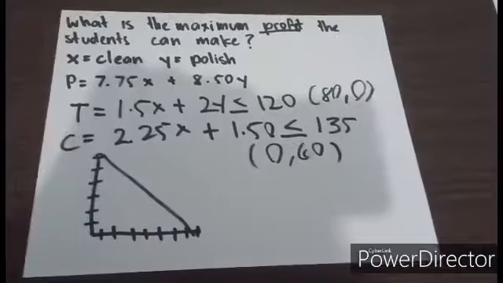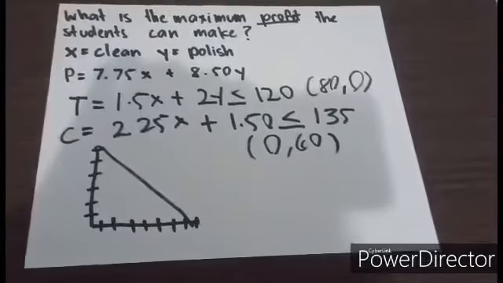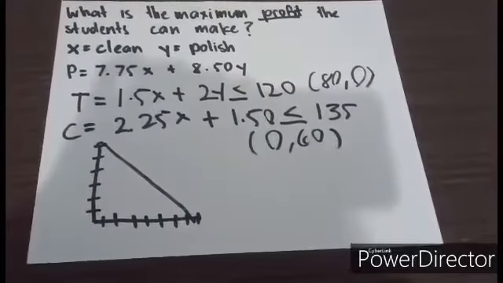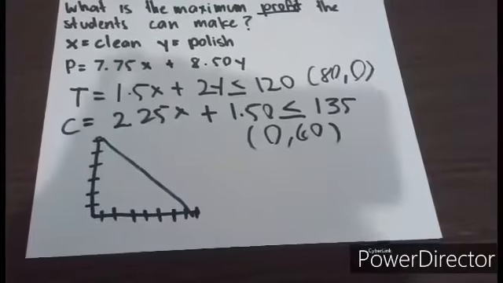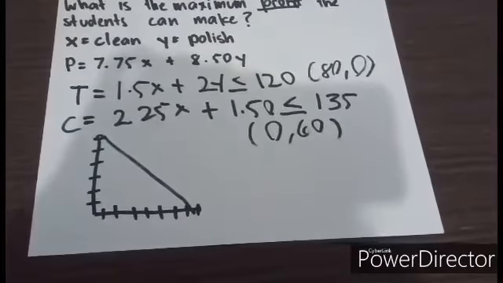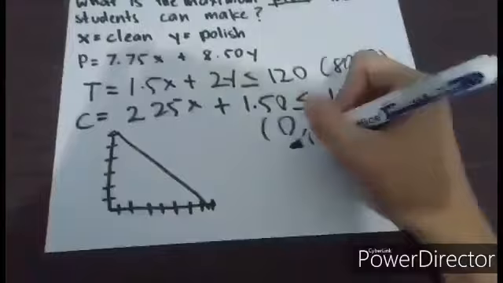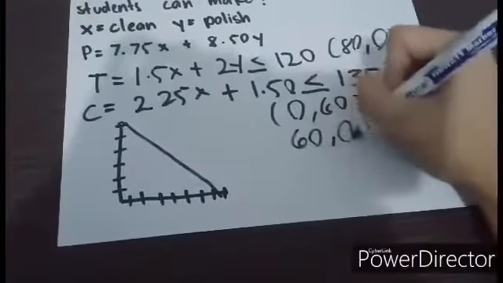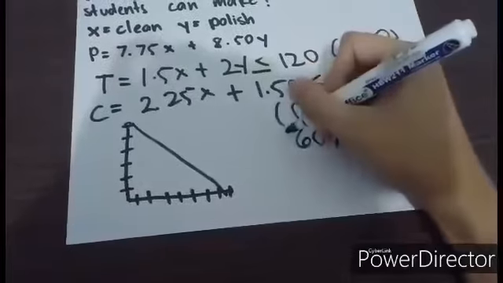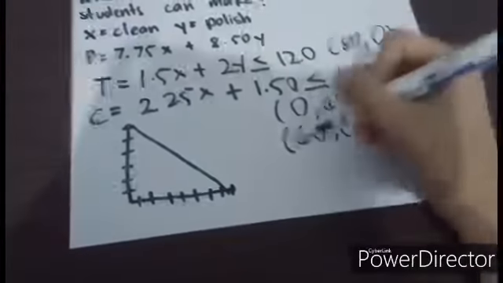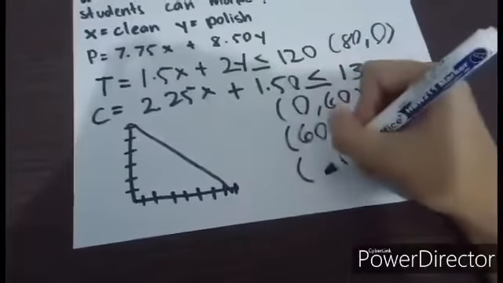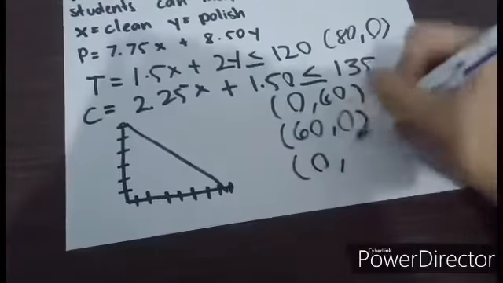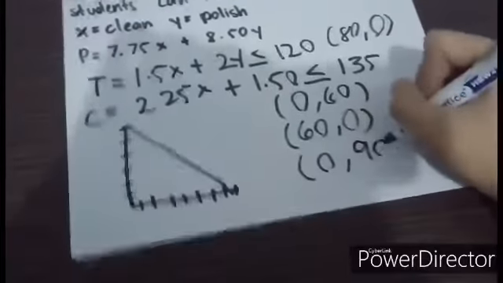For the next equation, if I get the intercepts for x, since the y value is 0, I have 2.25x times something, and that something would be 60, so 60, 0. And for the y it is 0, 90.